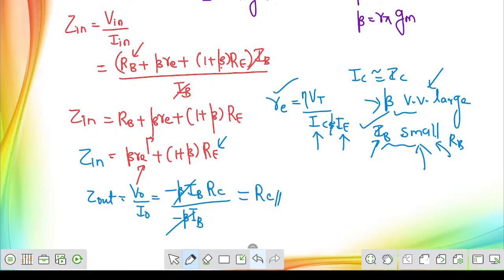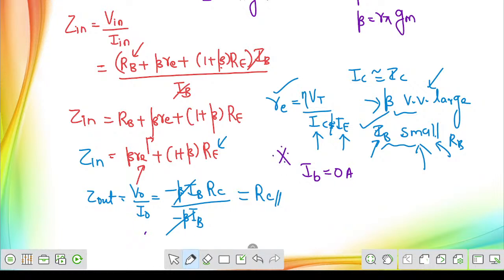So it is very important to remember. Sir, my doubt is: in AC analysis, if beta is given as very large, then shall we put the base current as zero? No, you should not do that. Remember, you cannot make the value of base current equal to 0 in AC analysis when the value of beta is very large.